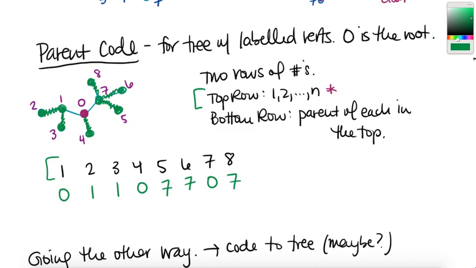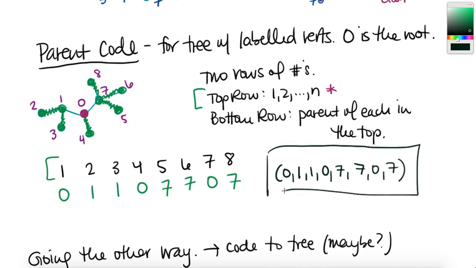So what we can do is, instead of taking all of this, let's just take the bottom row. Since the top row is always going to be the same, we'll just take, let's make sure we copy it down correctly, 0, 1, 1, 0, 7, 7, 0, 7. Okay, so here's our parent code for that.